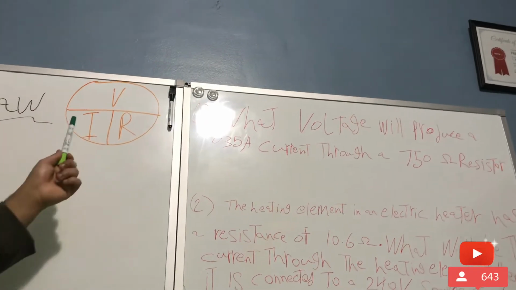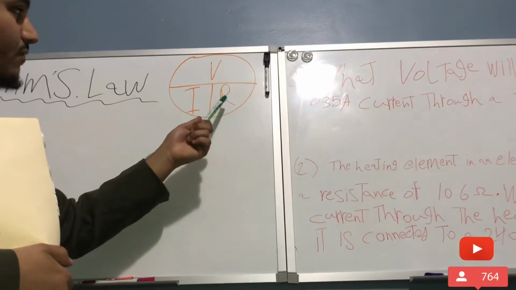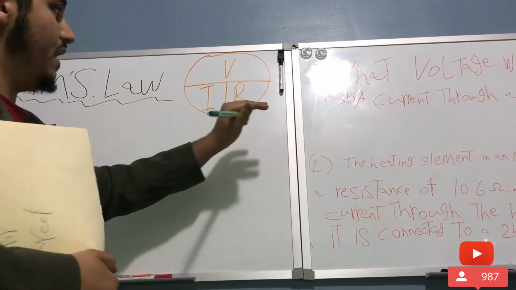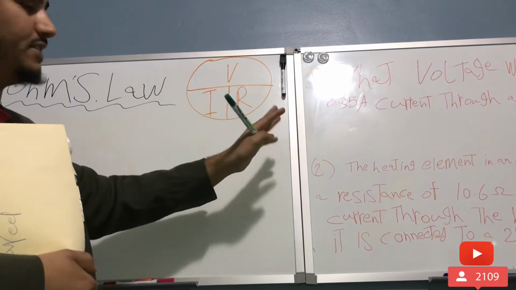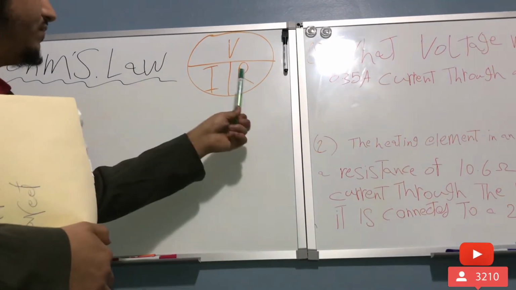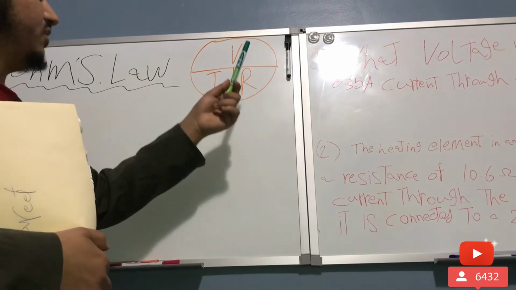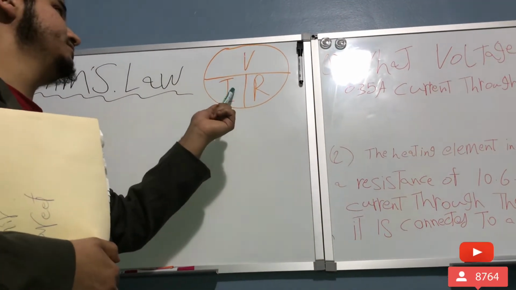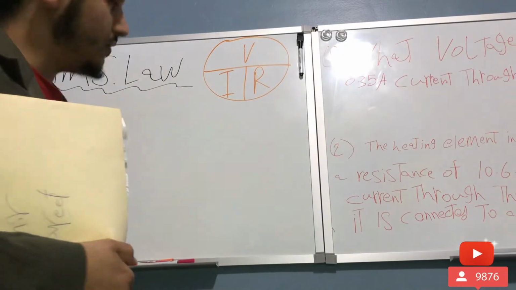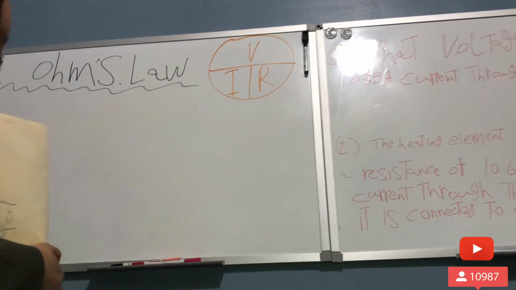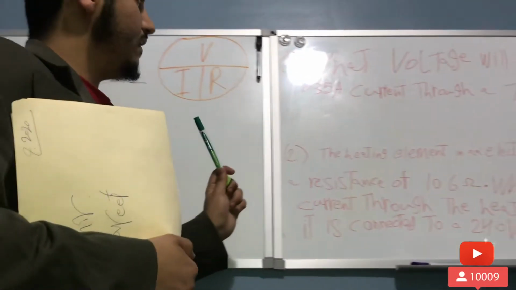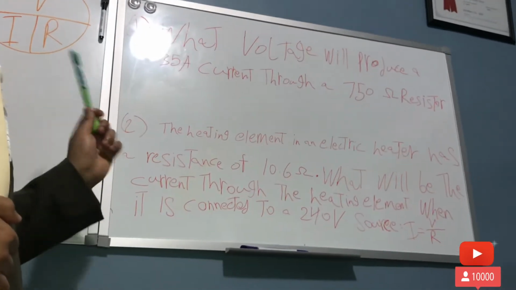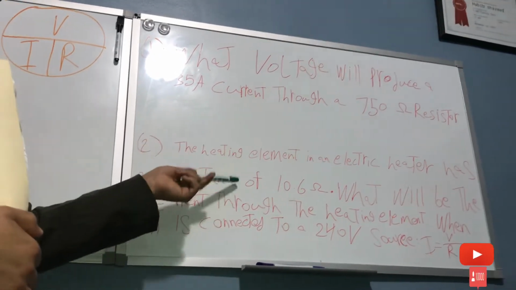If you need to find the resistor right here, on the right-hand side or left-hand side, wherever you are on your phone, you do the volts divided by the amps. The volts divided by the amps gives the resistor. I'm going to explain this one, and we're going to solve these two questions.